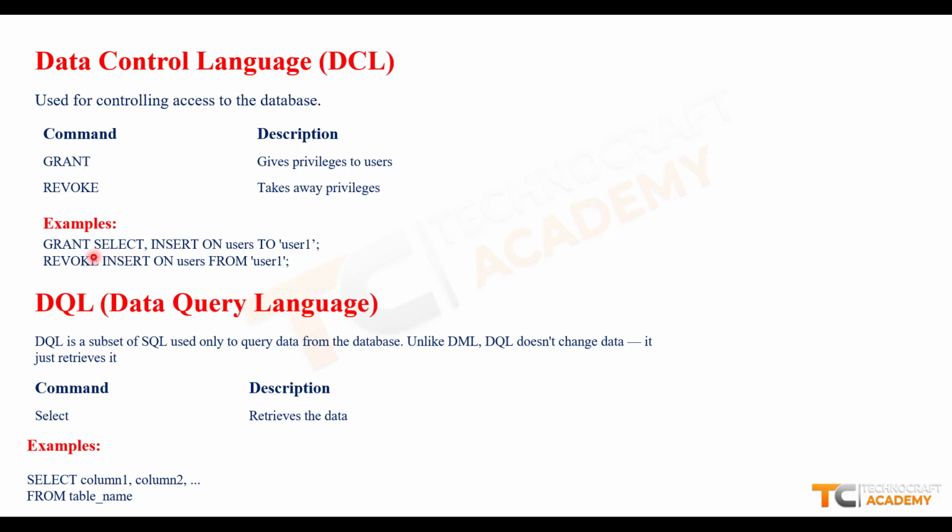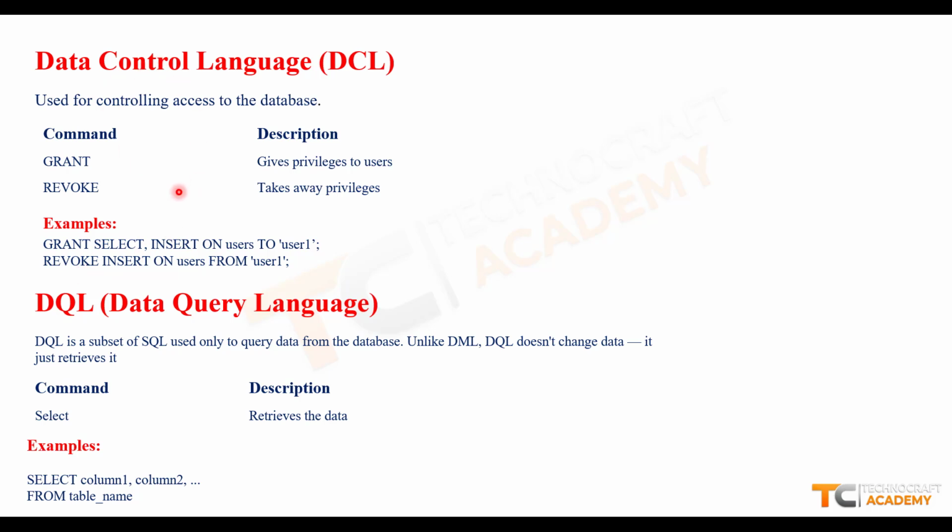Okay, you can see the examples as well. Grant select, insert on users, where users is a table name, to user1. So you need to specify which user you're providing the grant access to, and you can even revoke the access as well by using the revoke SQL command.